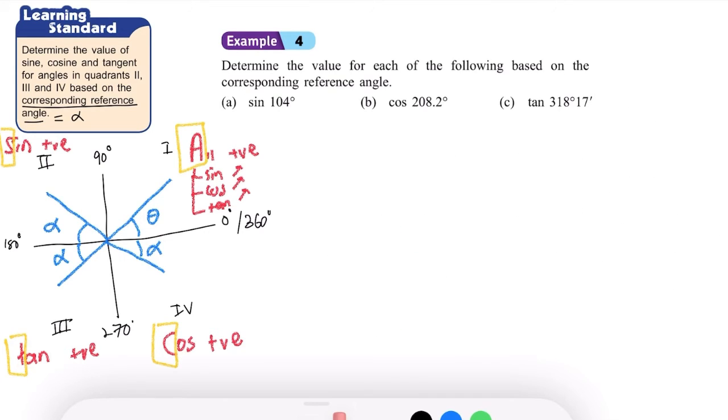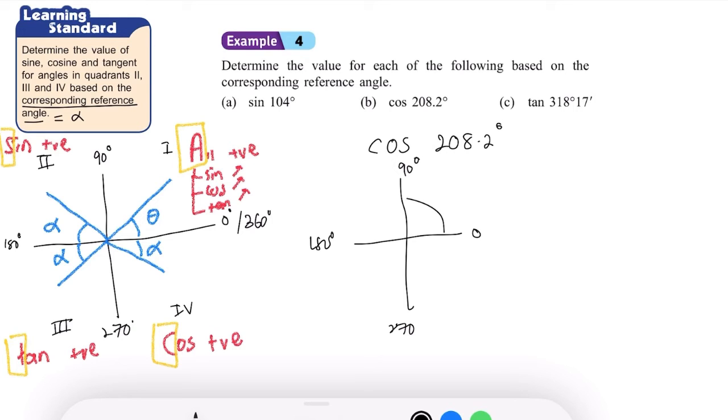Okay, let's have a look at question B. We have cos 208.2 degree. So first and foremost, we decide where 208.2 degree belongs to. It must be more than 180 but less than 270 degree.